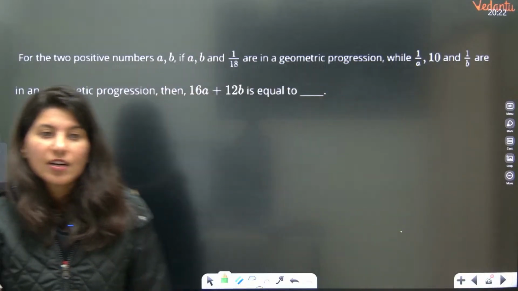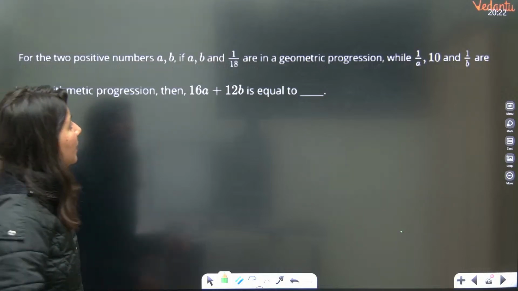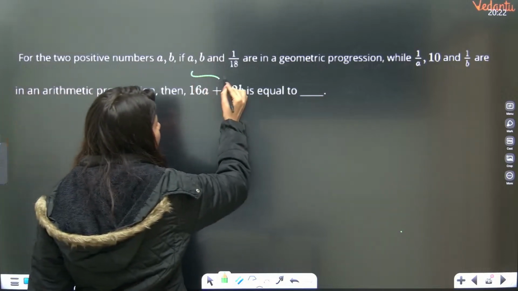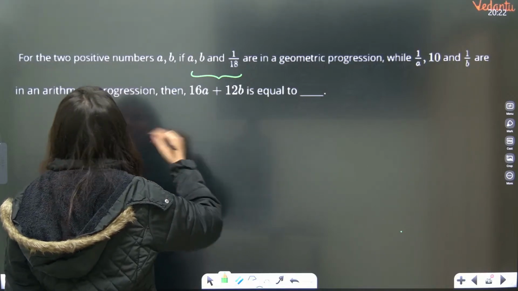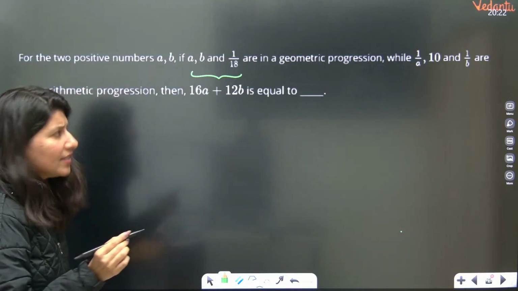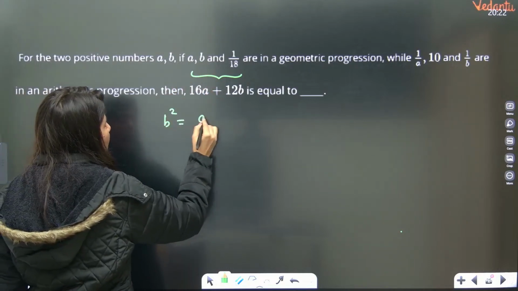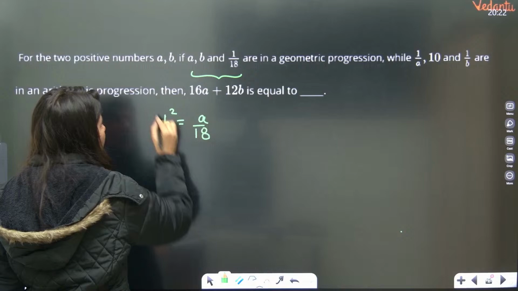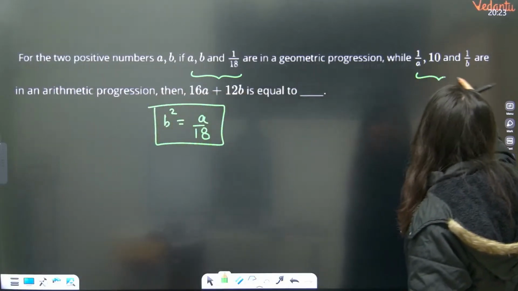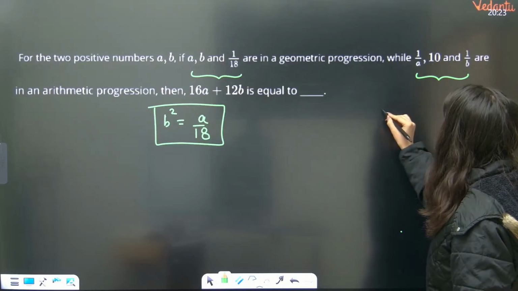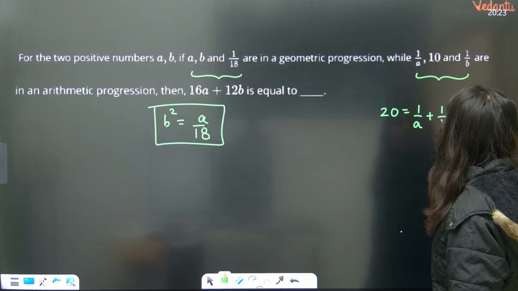Next question. For the two positive numbers a, b, if a, b and 18 are in geometric progression, while 1 by a, 10 and 1 by b are in arithmetic progression. So easy question. If these three numbers are in geometric progression, then b square is equal to a by 18. That is your first equation. And if these three numbers are in arithmetic progression, double of middle is equal to 1 by a plus 1 by b.